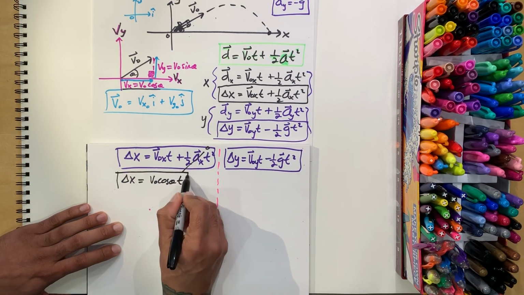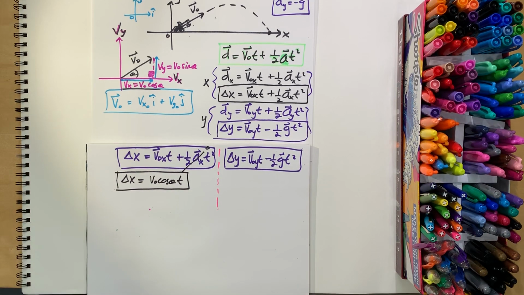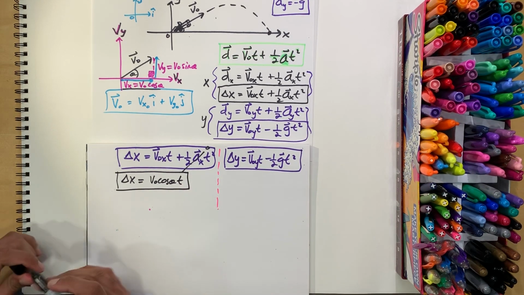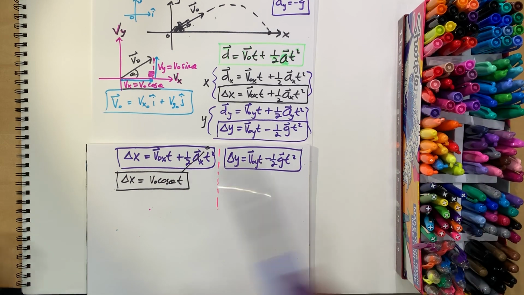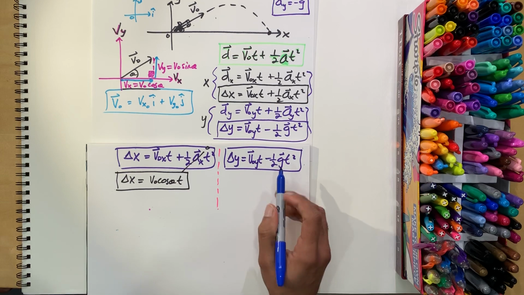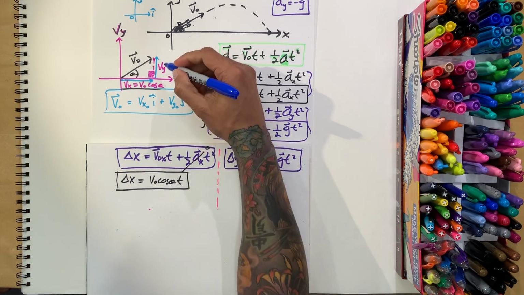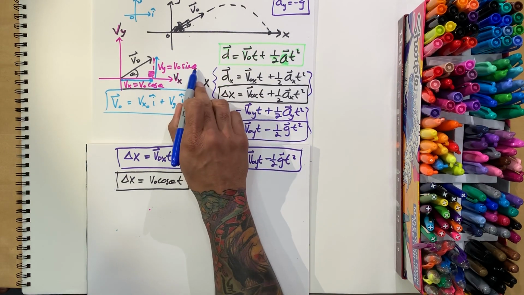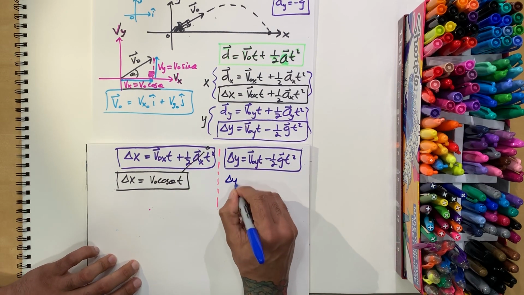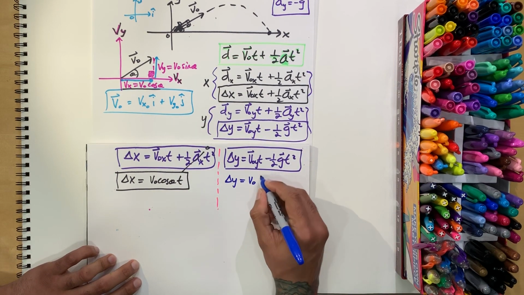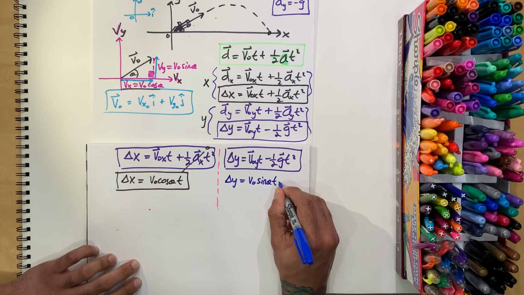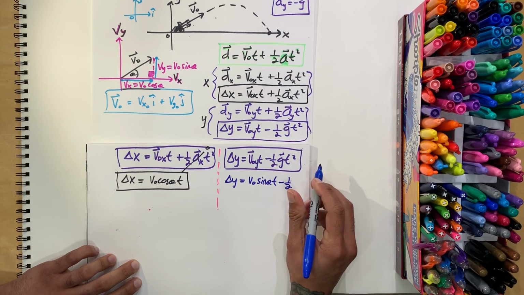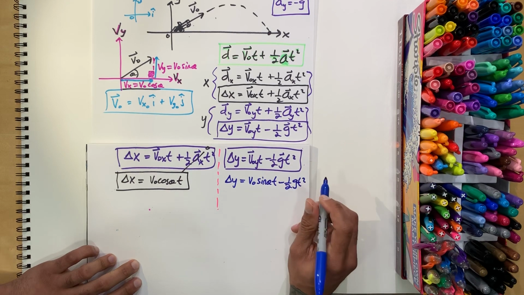Okay, this is the displacement in the x. Now, on this side, let's do the same thing and change up v initial in the y, because we know that it's v initial sine theta. So the change in y is equal to v initial sine theta times time minus 1/2 g t squared.